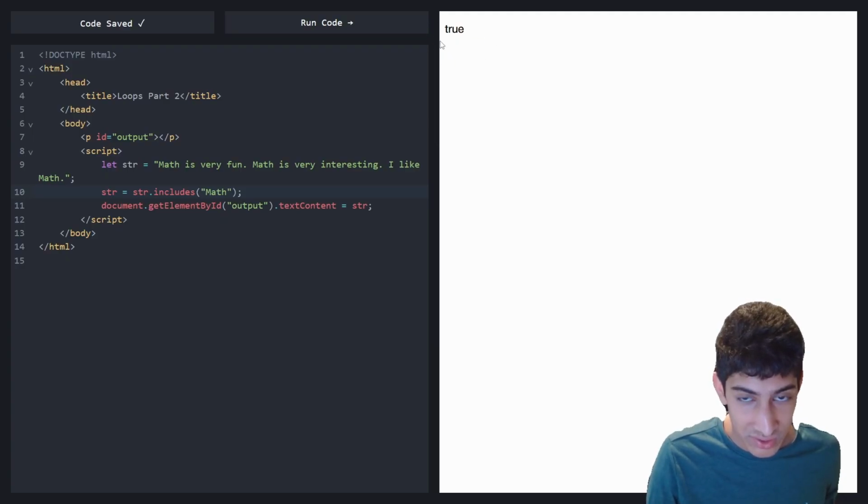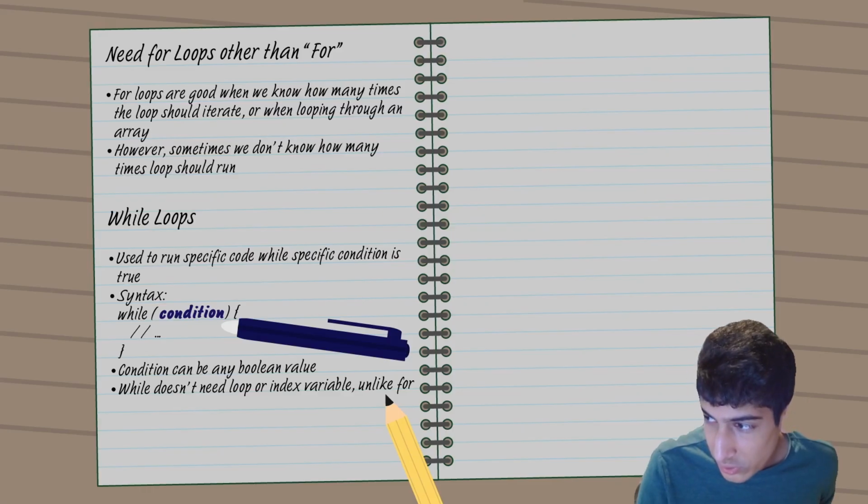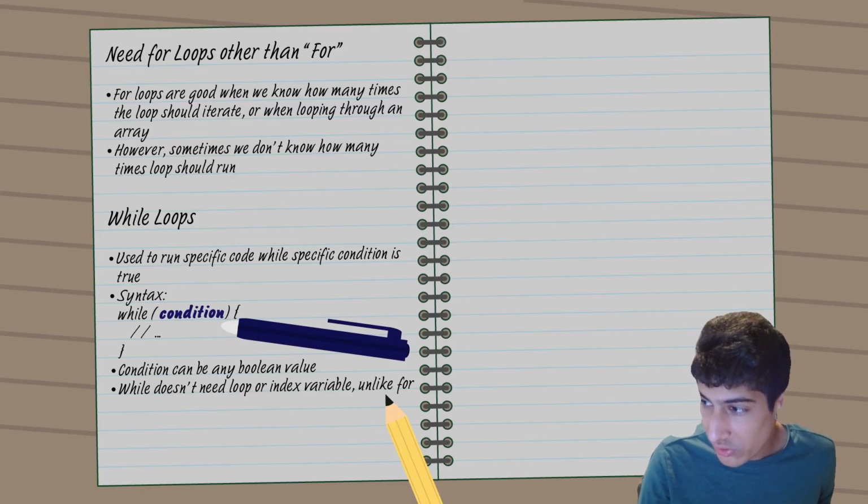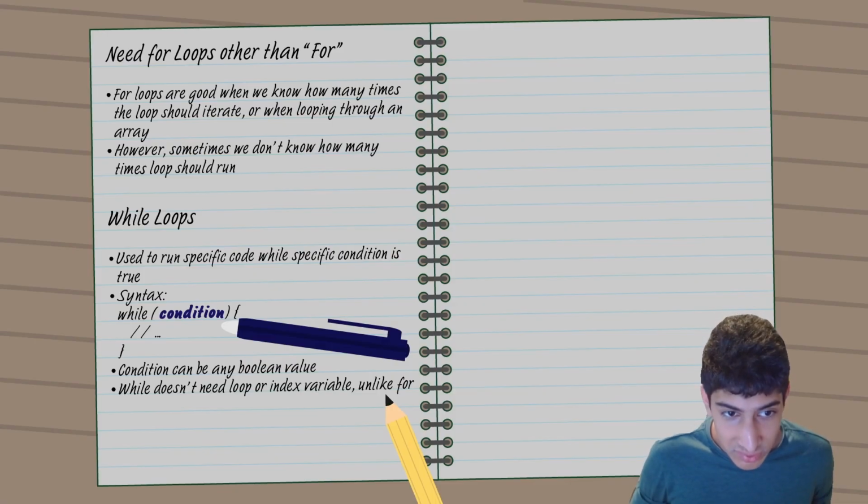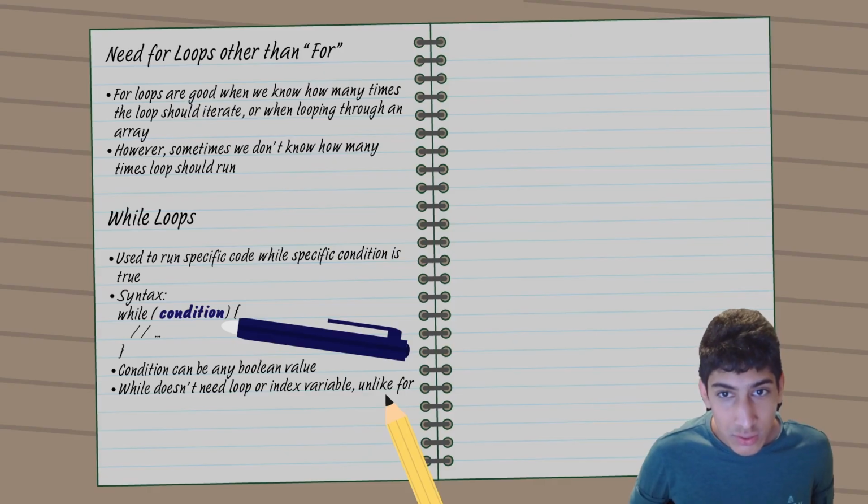And so in this case, this returns true because math is inside the string. So conceptually, the way that we want to solve this problem is replace the instance of the word math with the word coding in the string while the string includes math.